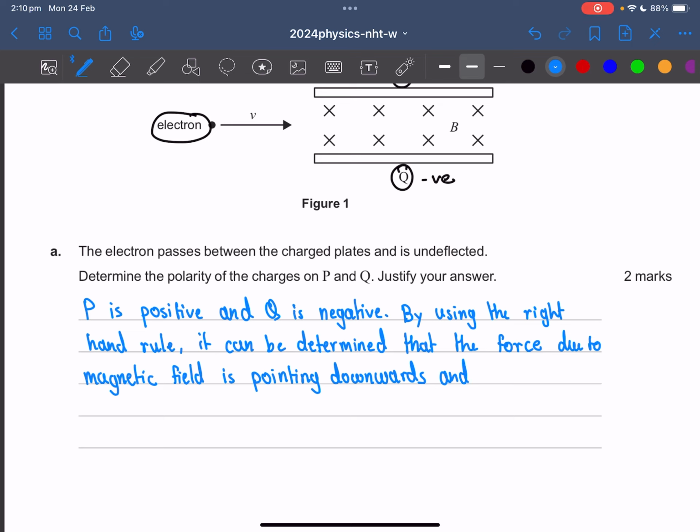And to balance it out, the force due to the electric field needs to point upwards.